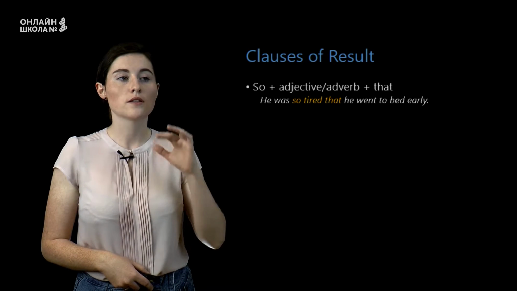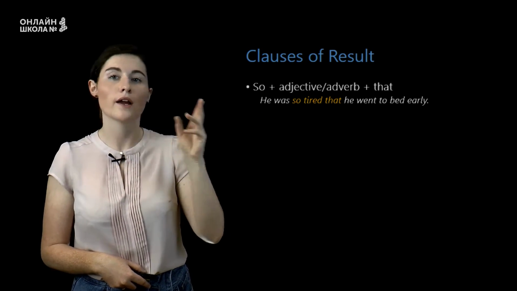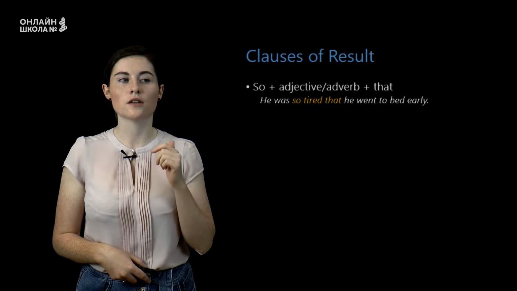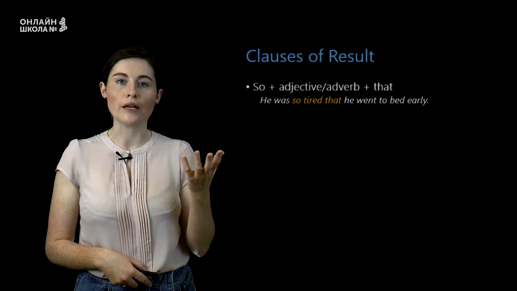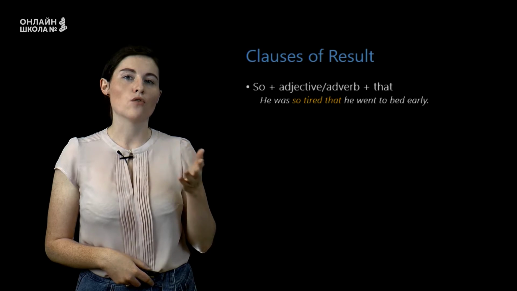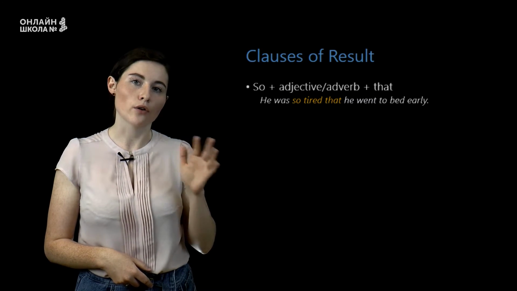Structure number 4, so plus an adjective or an adverb plus that. He was so tired that he went to bed early. Or he drove so fast that he came earlier.